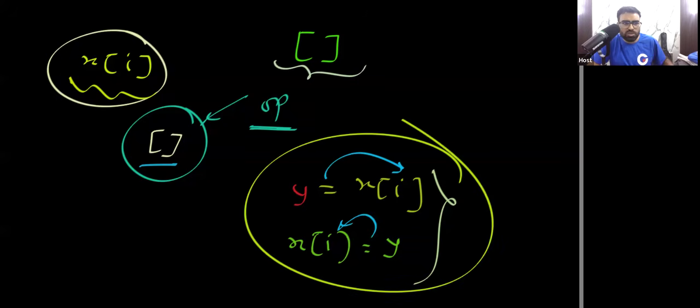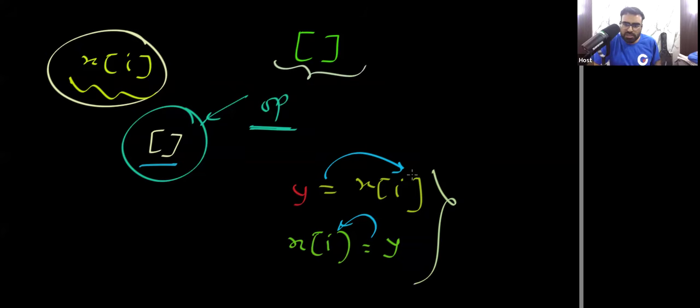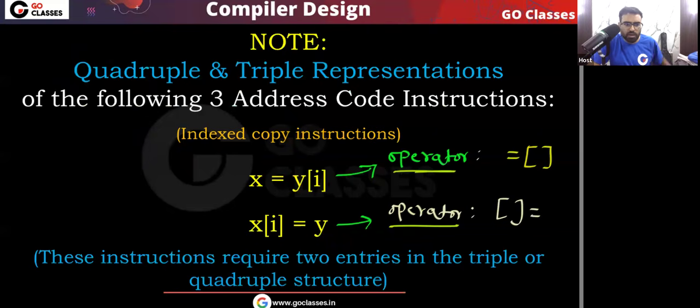So to distinguish this, we use two different symbols, or two different operators. When this operator is on the right side of the assignment, we use this symbol. And when it is on the left side of the assignment, we use this symbol to denote that. Okay, is this point clear?